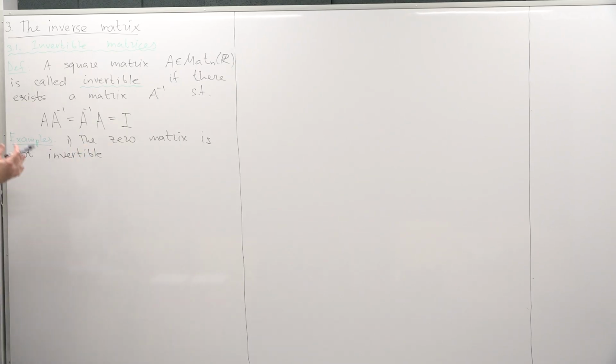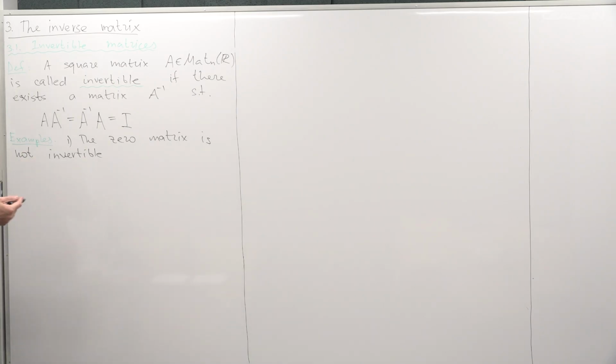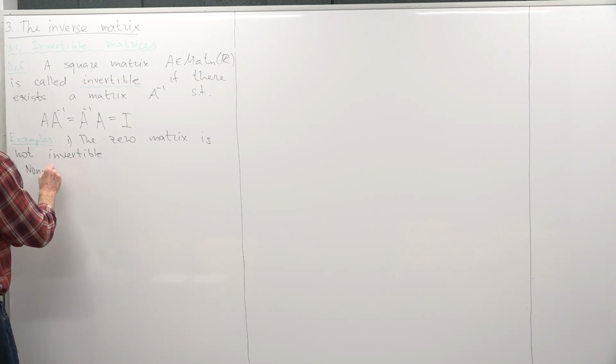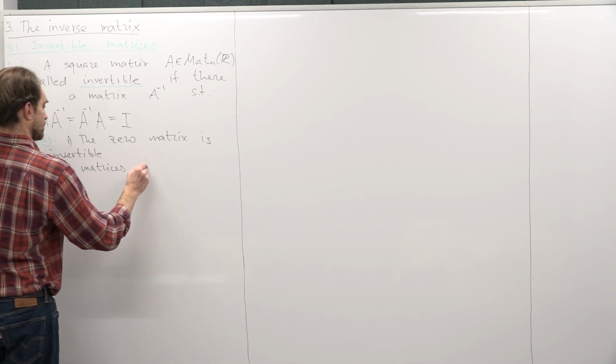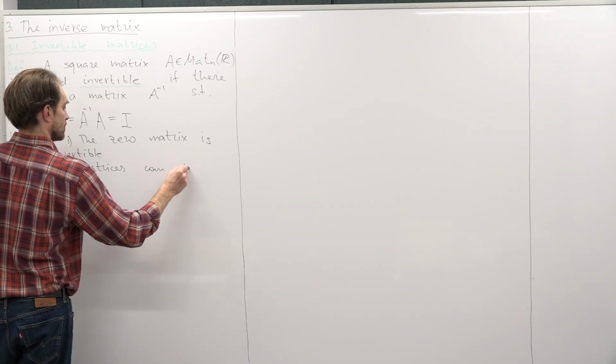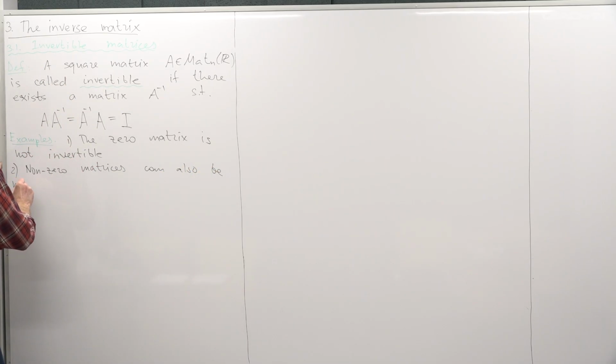That's trivial, just because if we multiply a zero matrix by any other matrix, we will get the zero matrix. The problem is that even if our matrix is non-zero, it also can be not invertible. So non-zero matrices can also be not invertible.